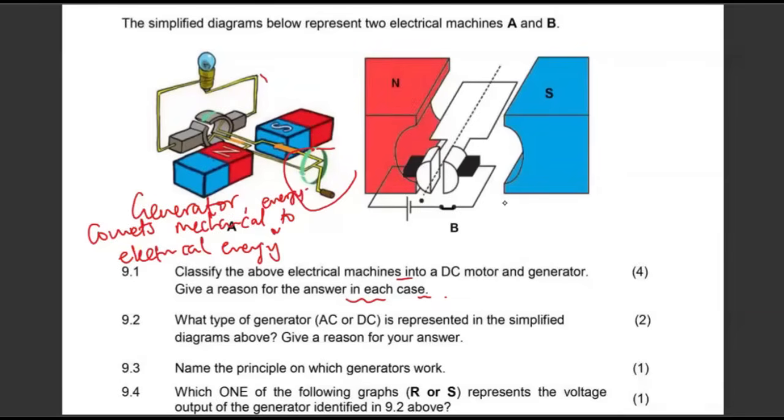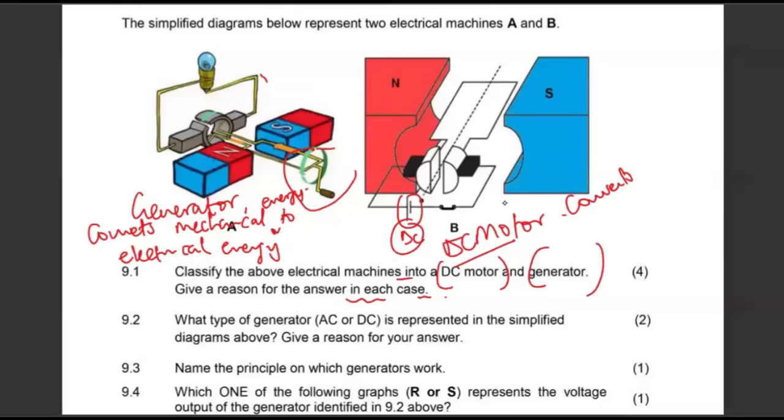Now, when you look at B, it's connected to a DC source, meaning that this is a DC motor. We had two options, either a DC motor or a generator. So this is a DC motor. And what is the reason? We say it converts electrical to mechanical energy.